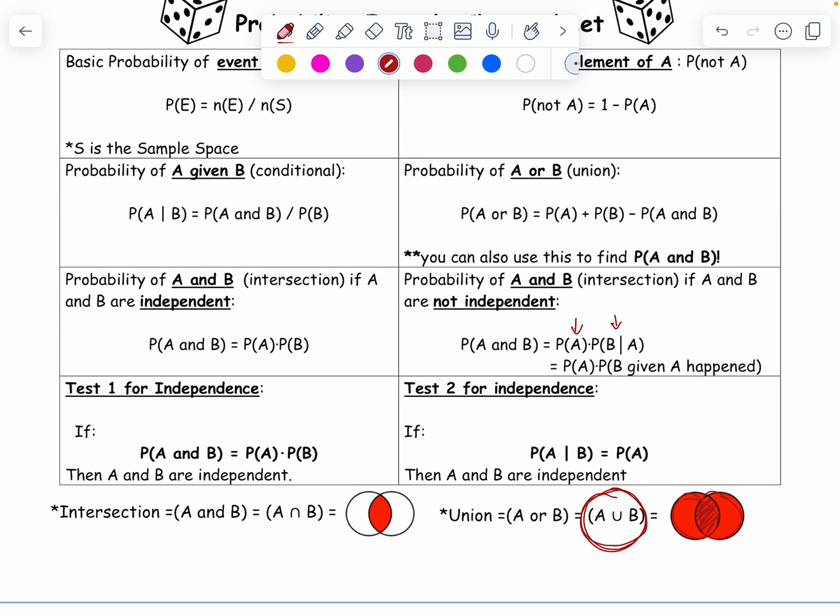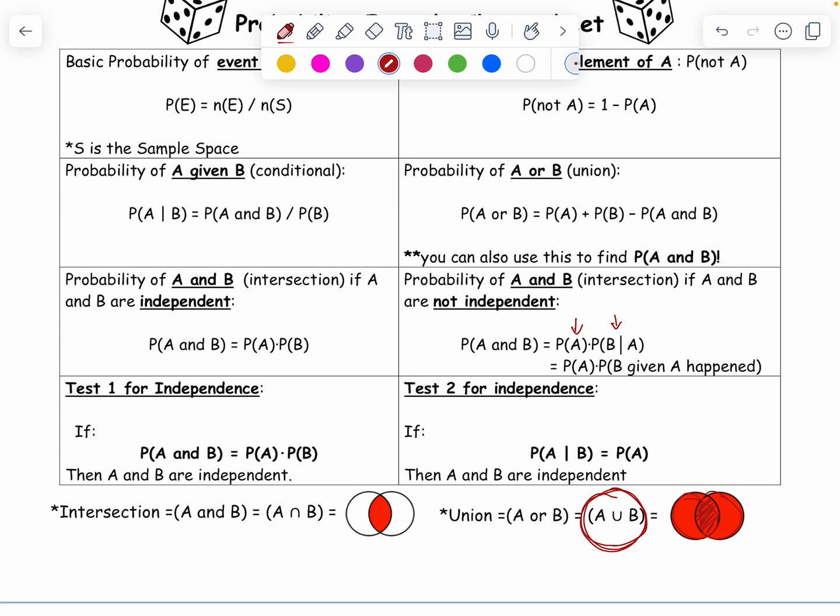If the probability of A given B equals the probability of A, then A and B are independent. What that means is that the probability of your first event happening is not affected by the other thing happening, right? Probability of A given B. So we're trying to see if those two things are the same so that we can decide if things are independent.